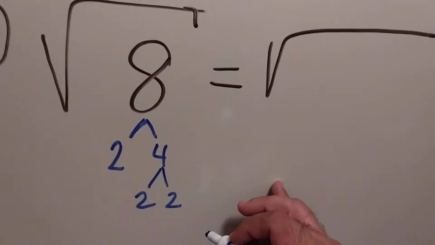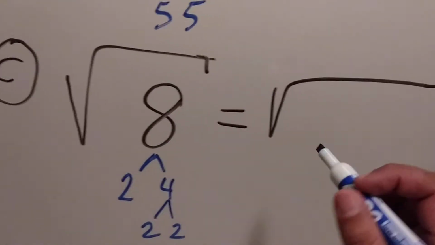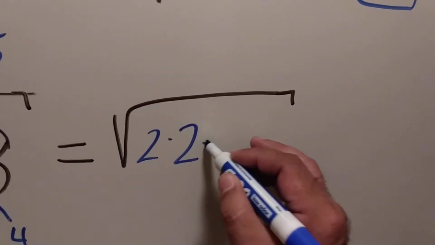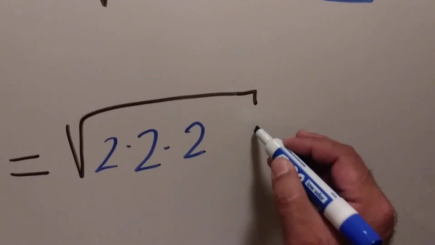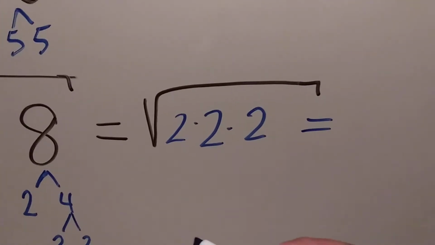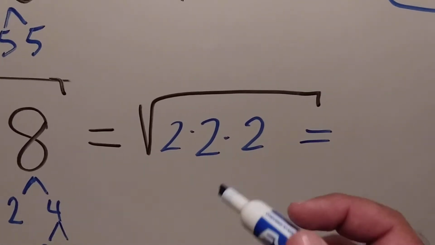Okay? So now look, 8 is the same thing as 2 times 2 times 2, right? So again, we said that per every two of the same number, one of them is going to come out.